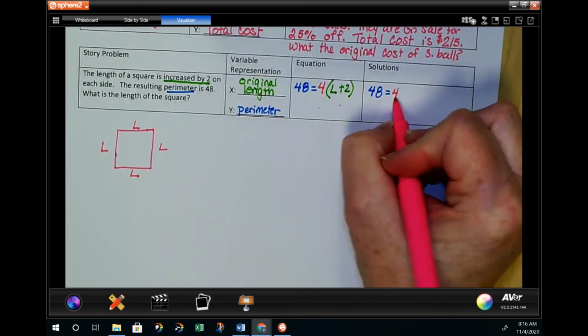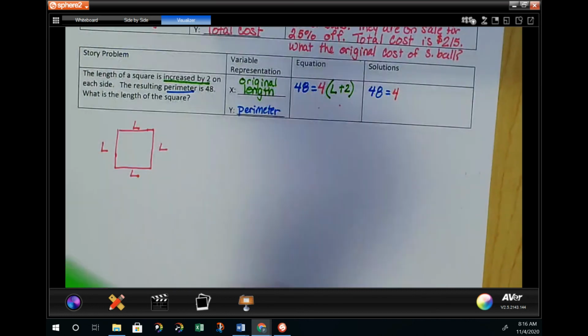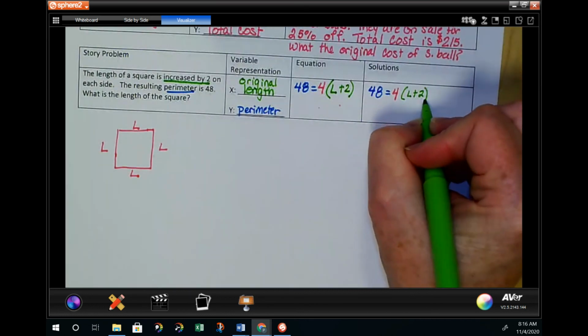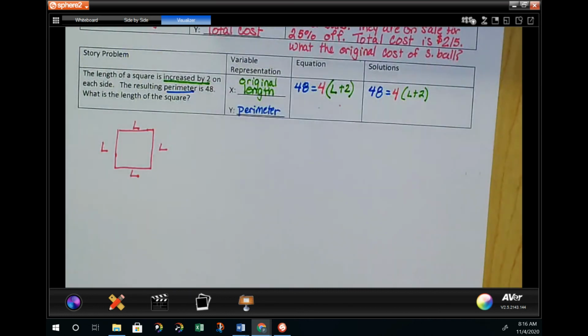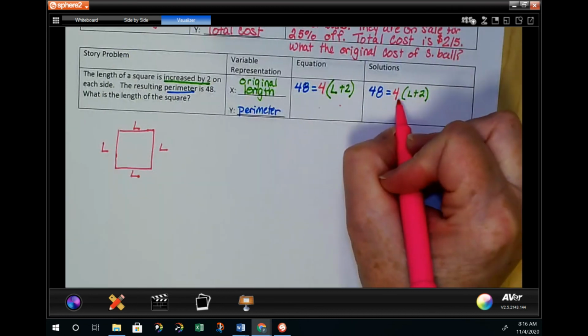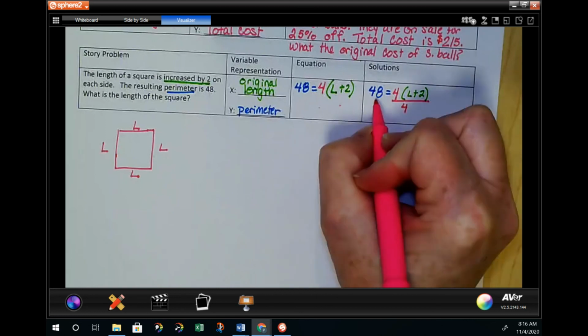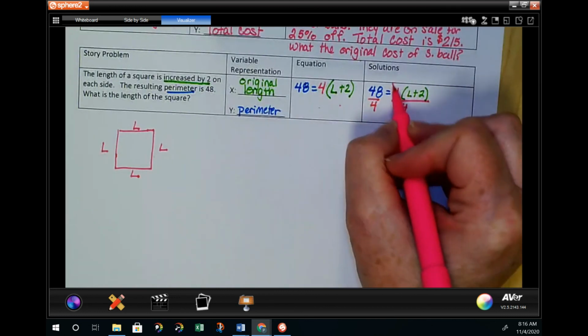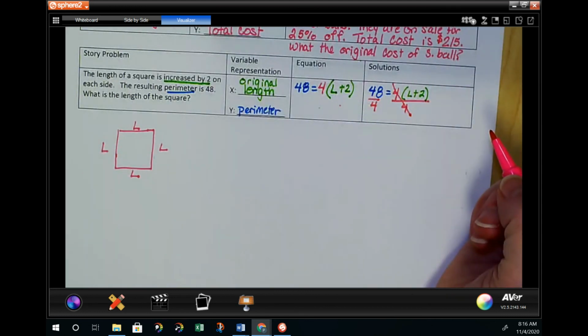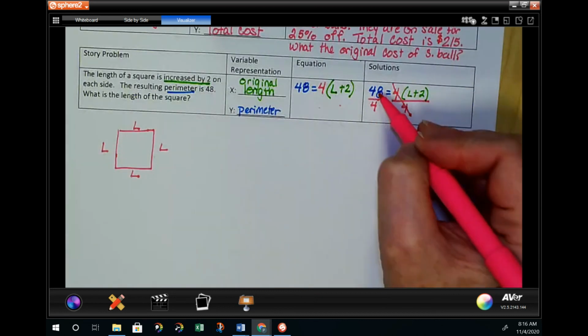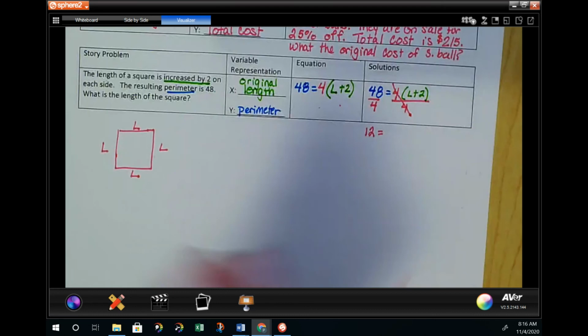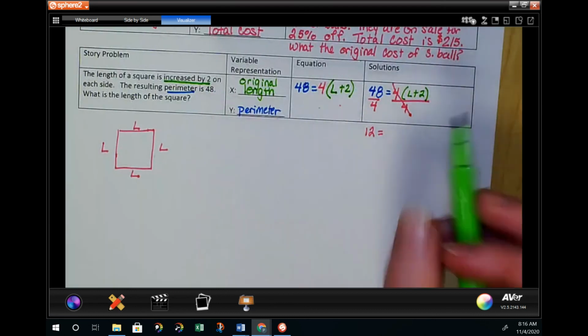Now we've got to go through and solve. We're going to divide by 4 on both sides of the equal sign. So that 4 cancels out, and 48 divided by 4 is 12. Then you're going to have L plus 2, your original length plus 2.